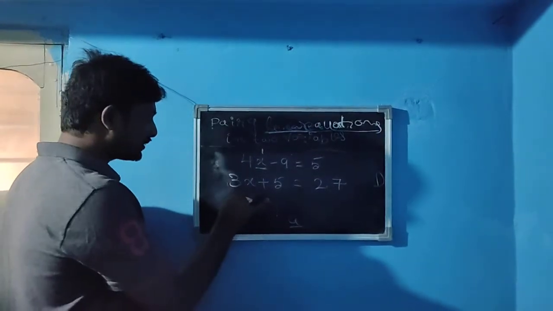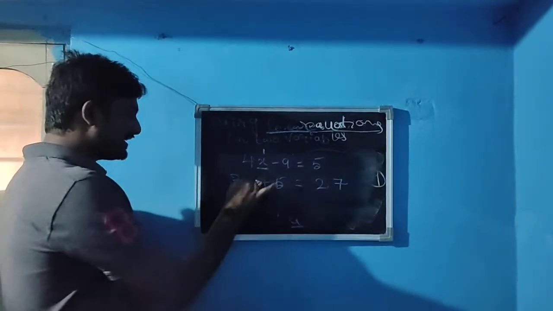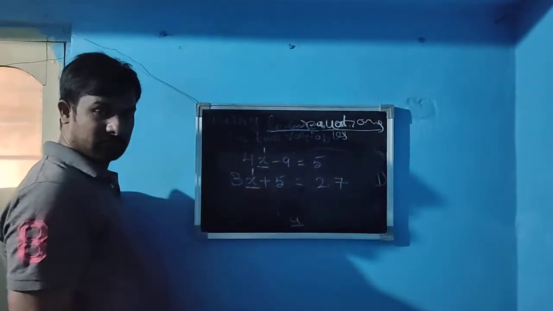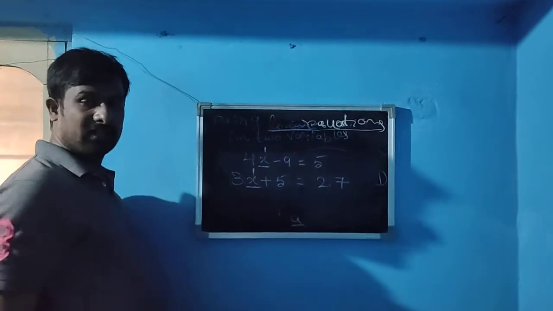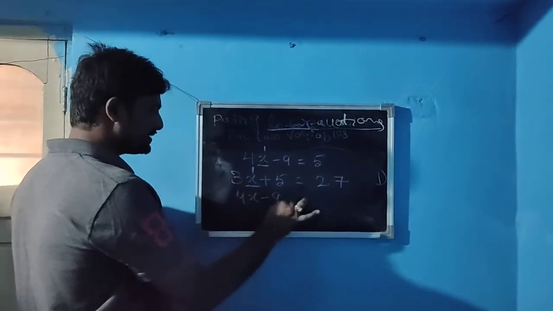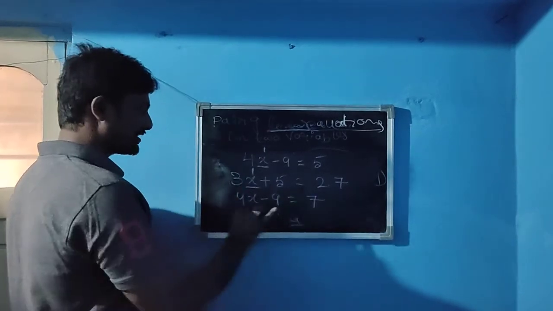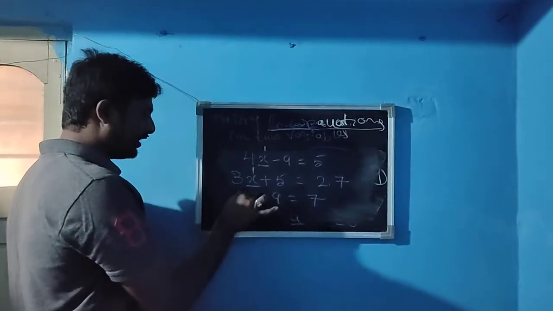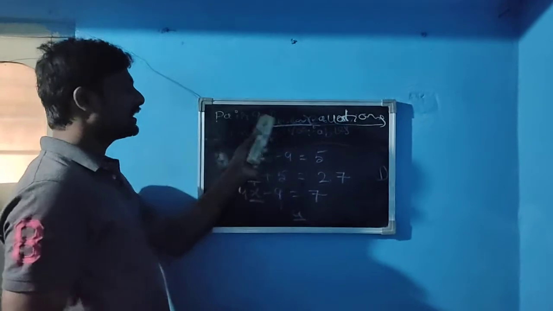In this one, what is the degree? 1 is there. So that's why this is called a linear equation. 4x minus 9 is equal to 7. In this the degree is 1, that's why it is called a linear equation.